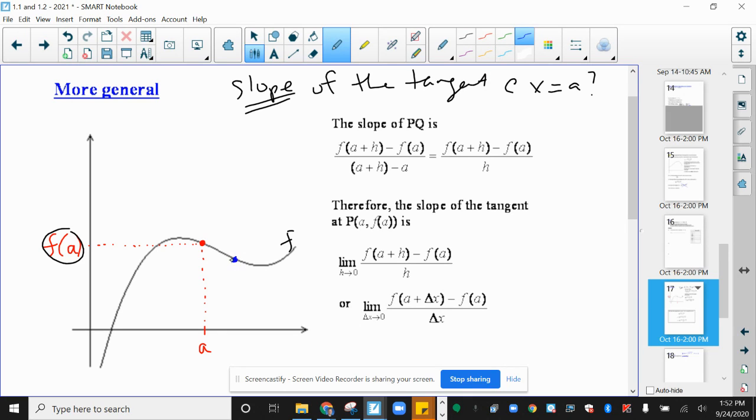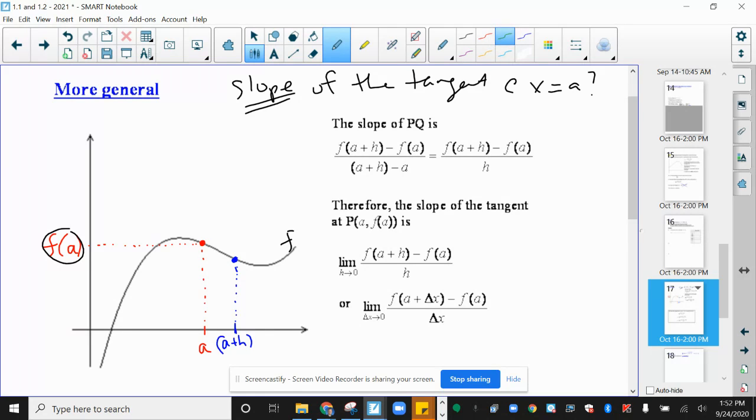Okay, so I know this seems far away, but just for the purposes of being able to fit it all together, we're going to pick a point nearby that's on the function, and that's going to be called a plus h.